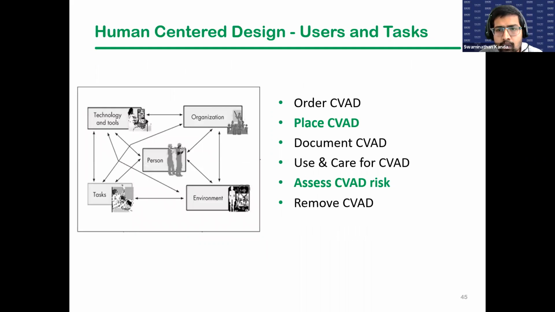If you think about our users who do this, who has the knowledge for doing it? The actual properties of what the CVAD is are known by the people who place the line and the people who do risk assessment. Floor nurses may not know all the properties, like whether it is tunneled or not. Sometimes you may see it if it's tunneled, but sometimes it may be hard to find on some patients.